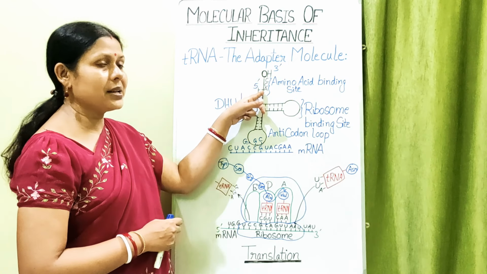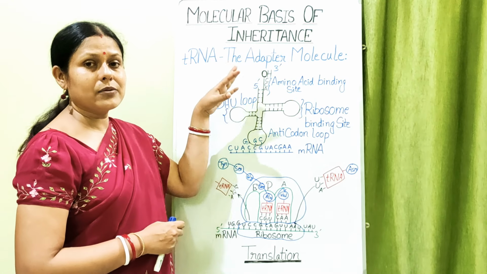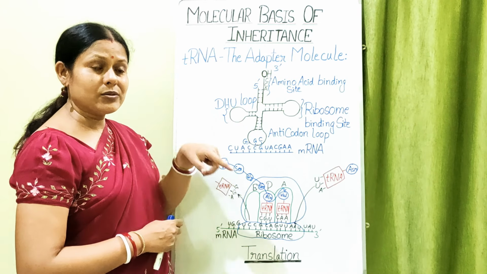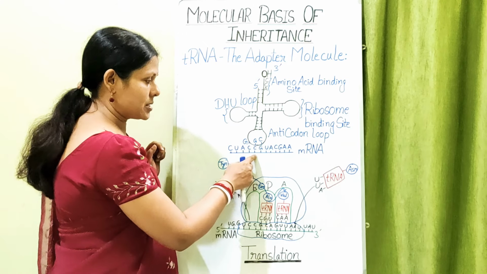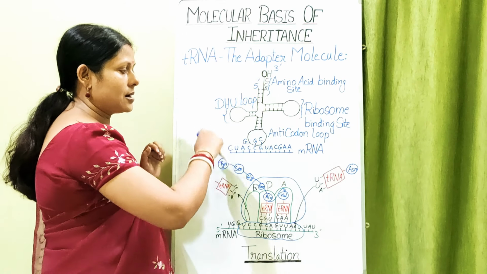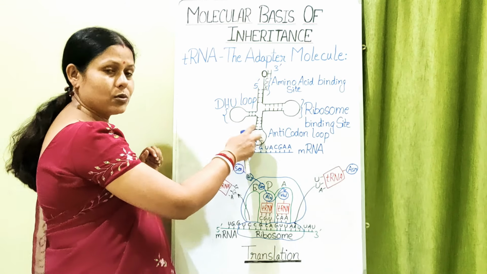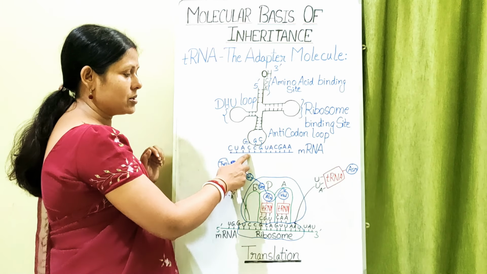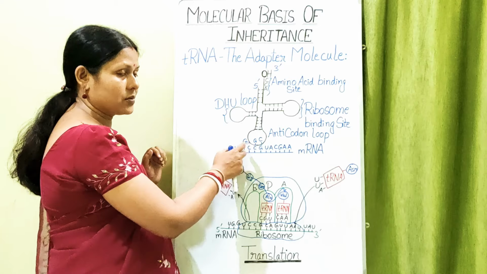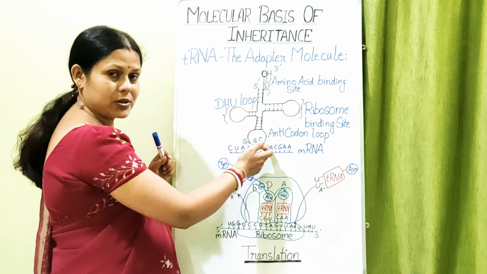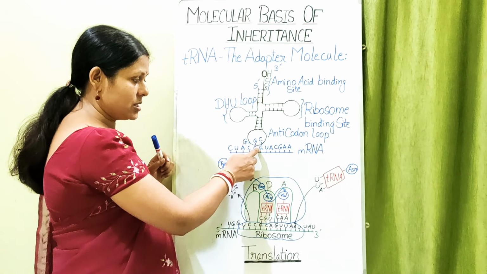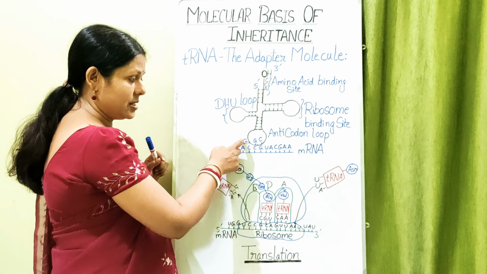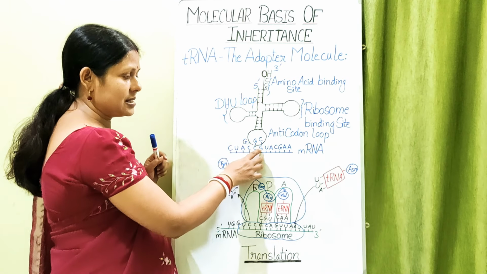That means this is the place with which it will bind with the respective amino acid, which will be with respect to the codon, because this tRNA will have an anticodon loop which will have the base sequence complementary to the base sequence found in the mRNA. It is in the form of a triplet here. So with respect to these 3 base sequences in the mRNA, these are the anticodons. Suppose this is CCG.